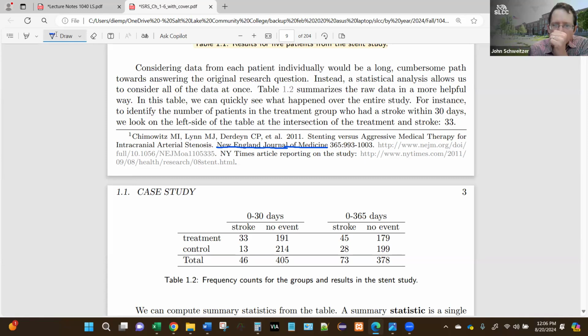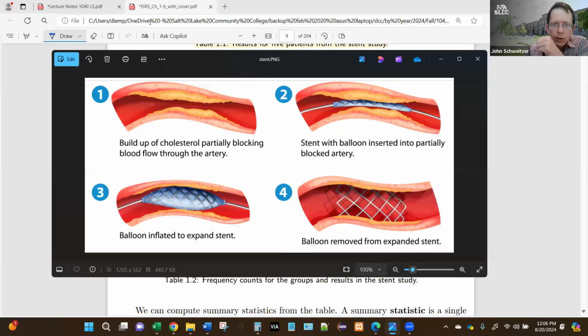And what they were looking at is stents. So are you aware of stents and how they work? Well, let me show you a picture of a stent and what it does. How does it help? What is it used for? Well, this number 1 picture here represents an artery.